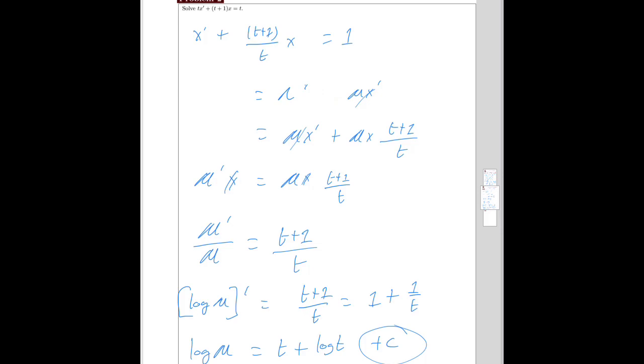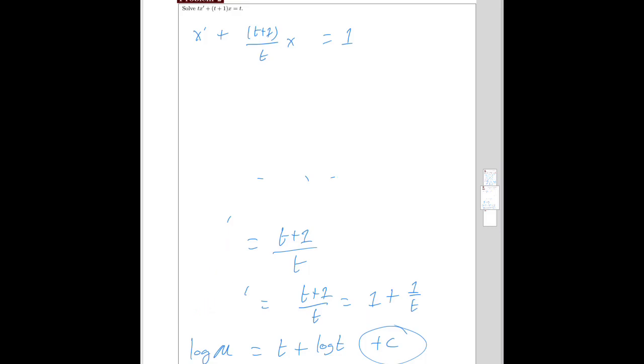Okay, so what's the whole point of that? Let me erase this. The whole point is that when I multiply both sides of the given equation by mu, the left-hand side is the derivative of mu times x.